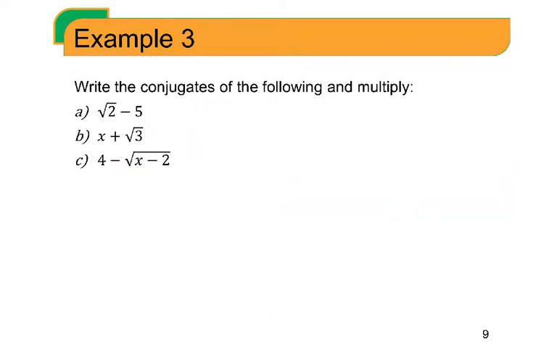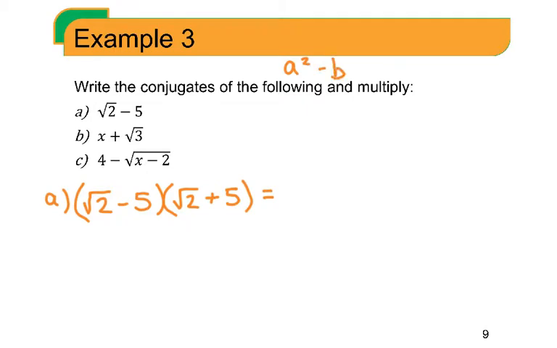All right, so here we're just asked to find the conjugates and multiply. So I'll write this down. Then we're going to multiply by its conjugate. All we do is change the sign in the middle. And our pattern says it's just going to be a squared minus b squared. This is a, this is b.